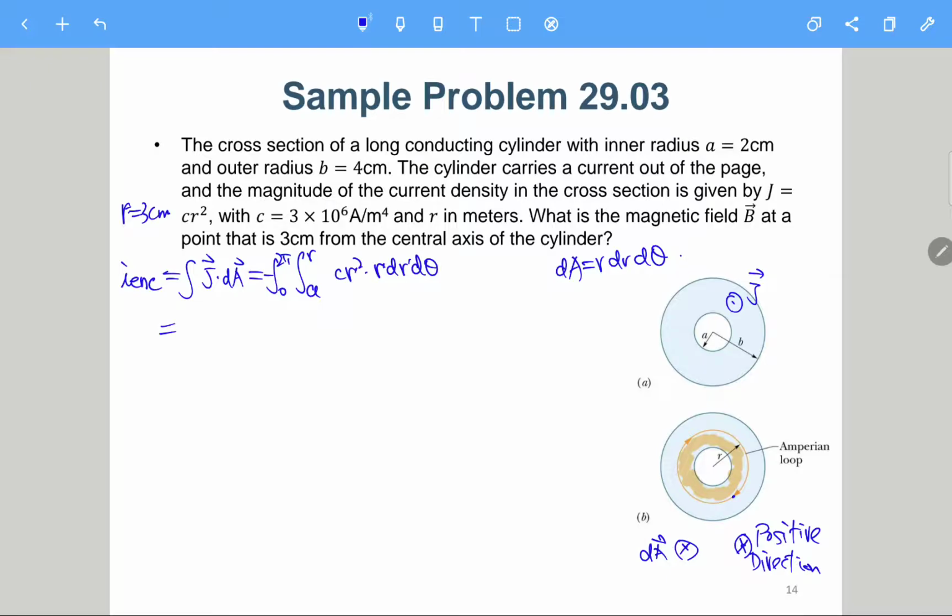So now we have minus C, and then r prime cubed dr prime from a to r, and d theta from 0 to 2 pi.